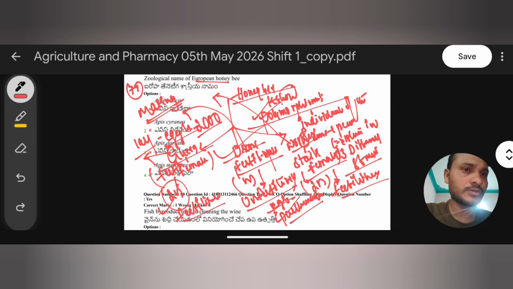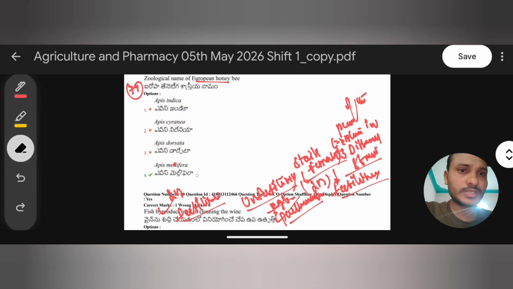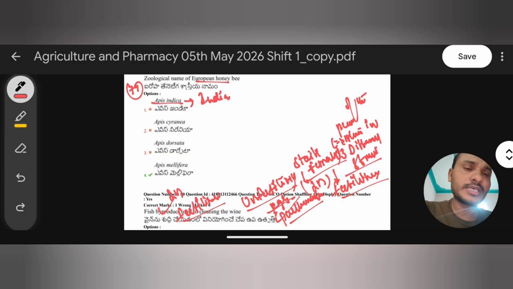Like that, a single species has different forms. Hence we have three types of honeybee organisms. But worldwide we have different types of honeybees. For example, giving four important species. Apis indica is generally the Indian honeybee.